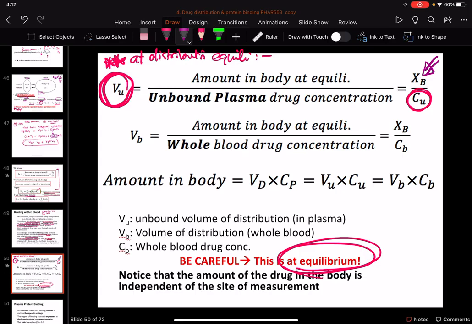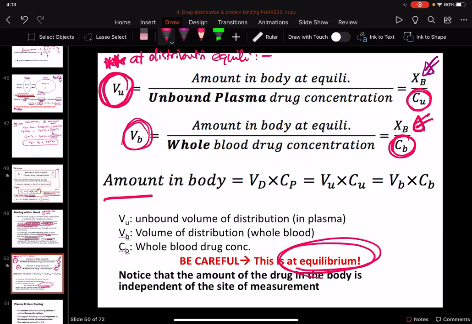Okay, another measurement, if we have the concentration of the drug in the whole blood, then the volume that we are measuring is the volume of distribution of the whole blood. And again, we can use the total amount in the body at equilibrium.